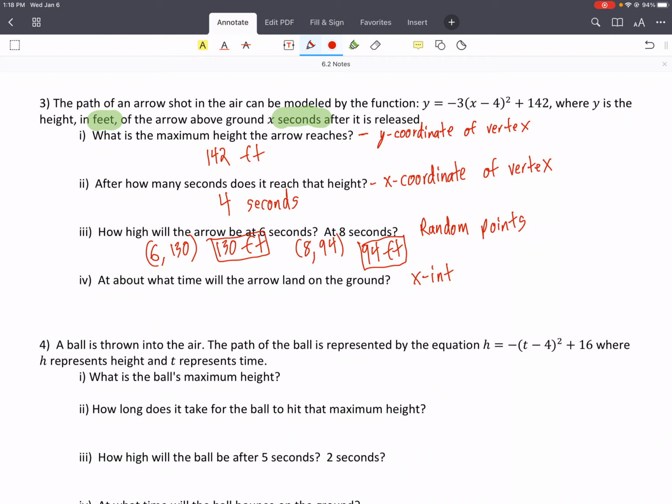On the TI calculators, you got to go to the left of where you think it is, to the right of where you think it is, guess where it's at, and that gives us a point of 10.88 and then 0. So that would be about 10.88 seconds.